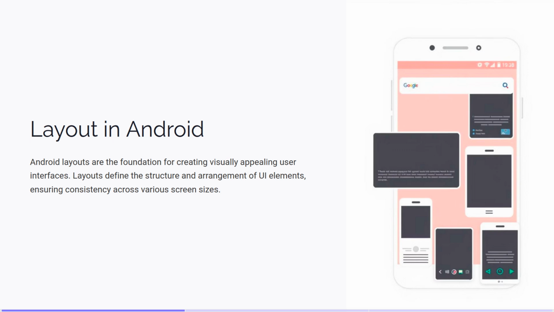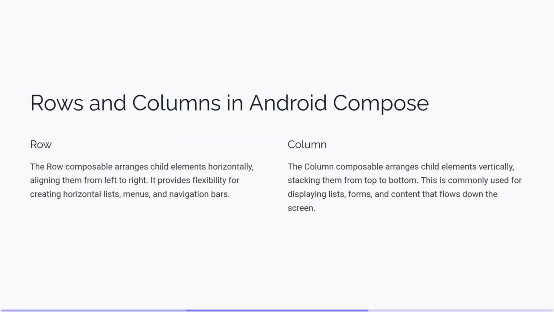So in Android, rows and columns are foundational layout components, especially in modern frameworks like Jetpack Compose. They help structure UI elements within a layout. A row arranges its child components horizontally, placing them side by side.